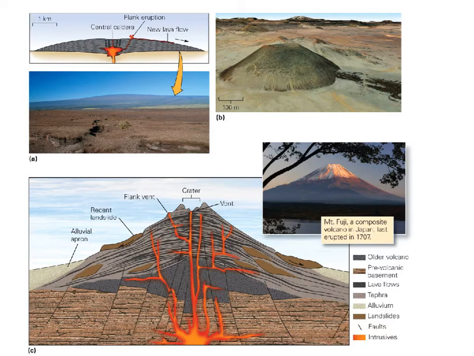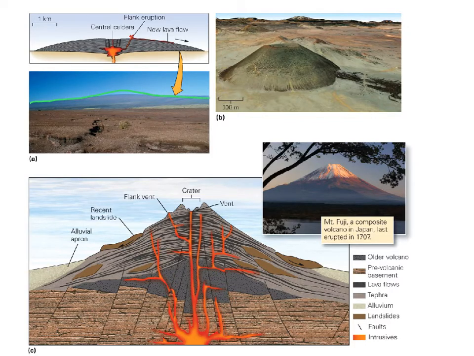On the top left, you've got shield volcanoes that produce these very low slope structures. So shield volcanoes are called that because this low, gentle slope that you see here, I'm just going to sketch it in green, looks like an upside down warrior's shield.